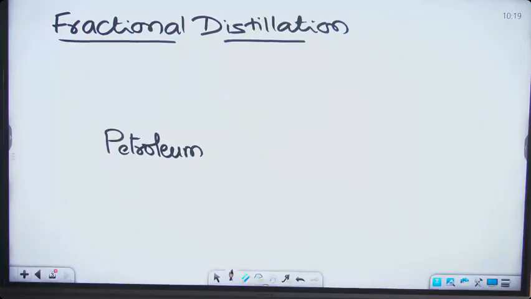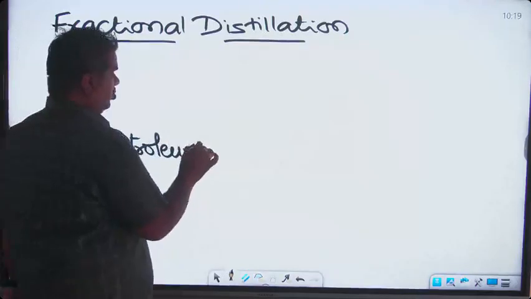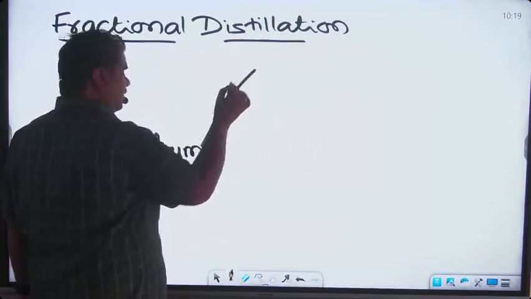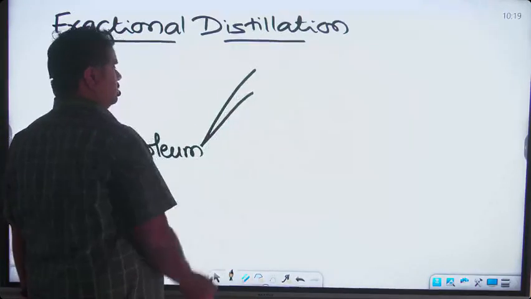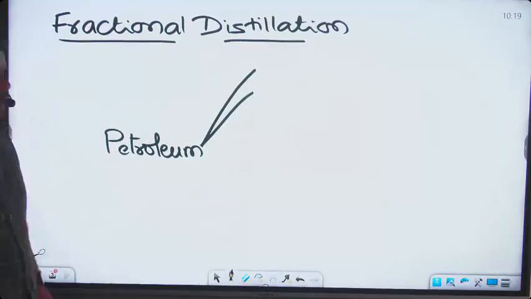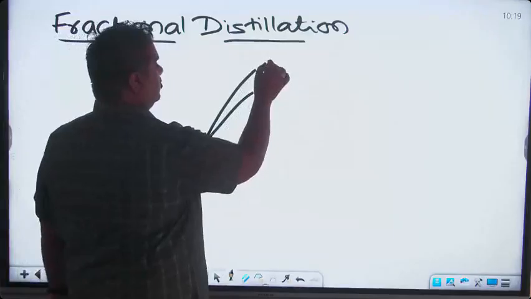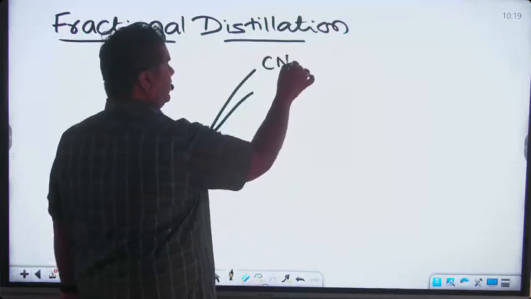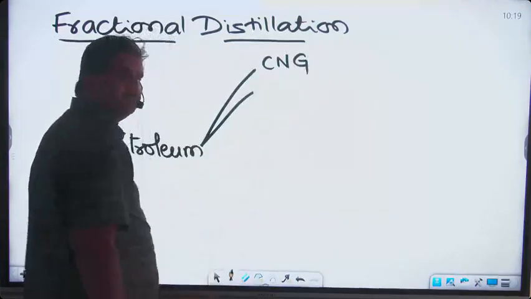I'm talking about petroleum, in simple terms crude oil. When crude oil is refined and processed, we get different components from that. The very first thing that we get here is compressed natural gas, CNG.